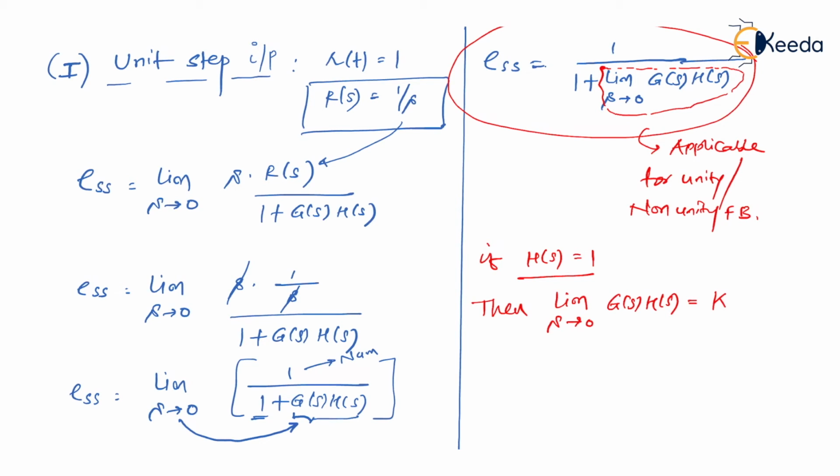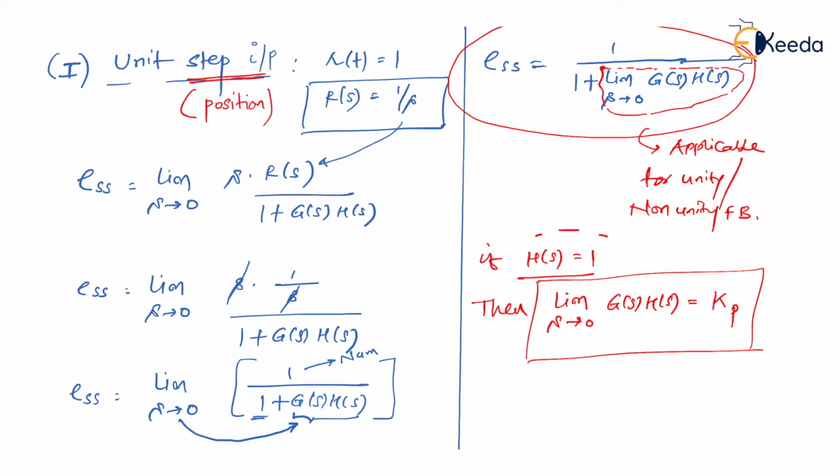This unit step input, preferably step input I'm talking about, is also known as a position input. So this is referred to as Kp, called a position error coefficient, or it is also known as a position error constant. So Kp stands for positional error coefficient or positional error constant.